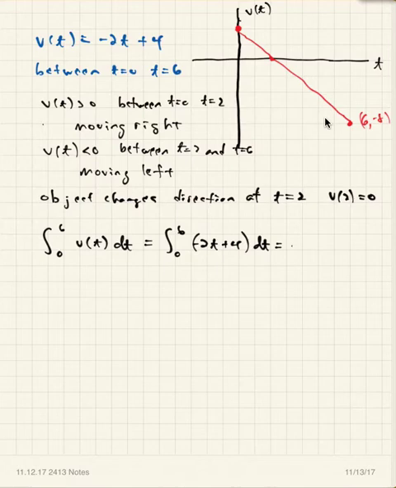And so then this would be negative t squared plus 4t from 0 to 6. The lower limit is 0, so we don't have to worry about that. But the upper limit is going to be negative 36 plus 24, or negative 12. This is not distance moved. This is displacement.